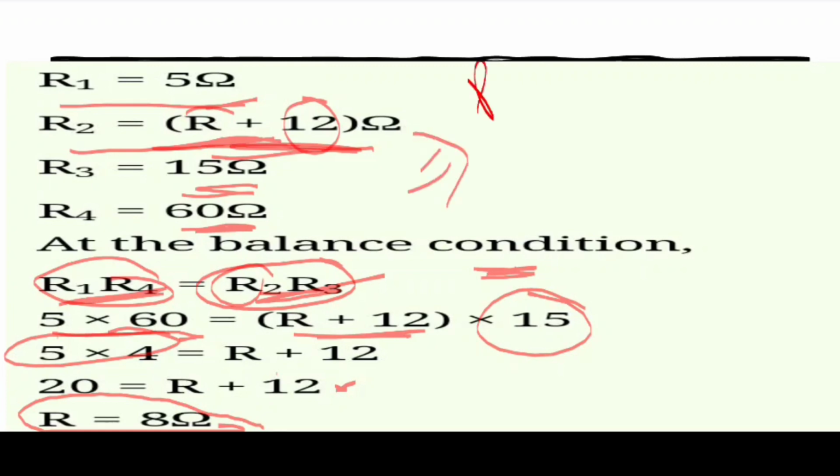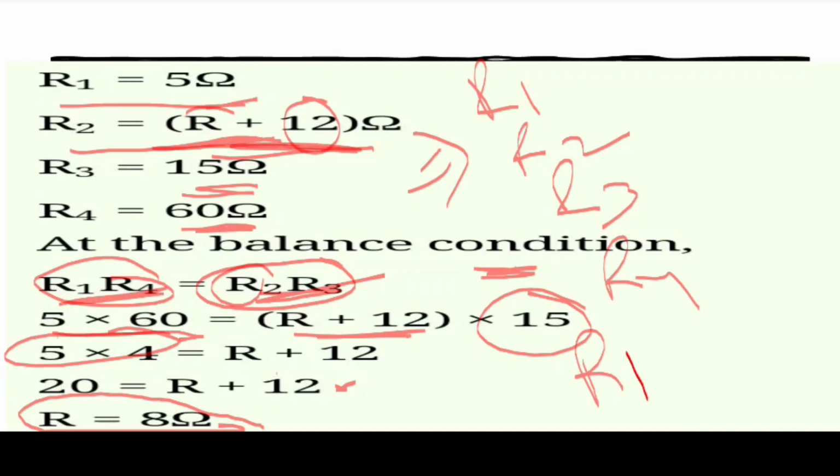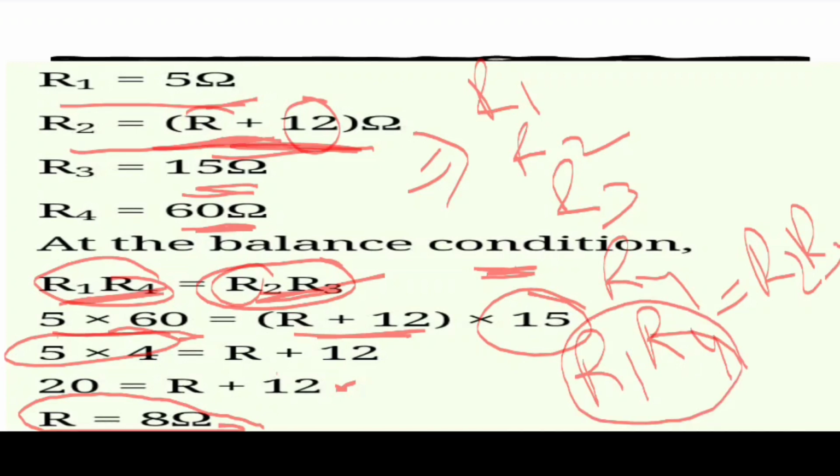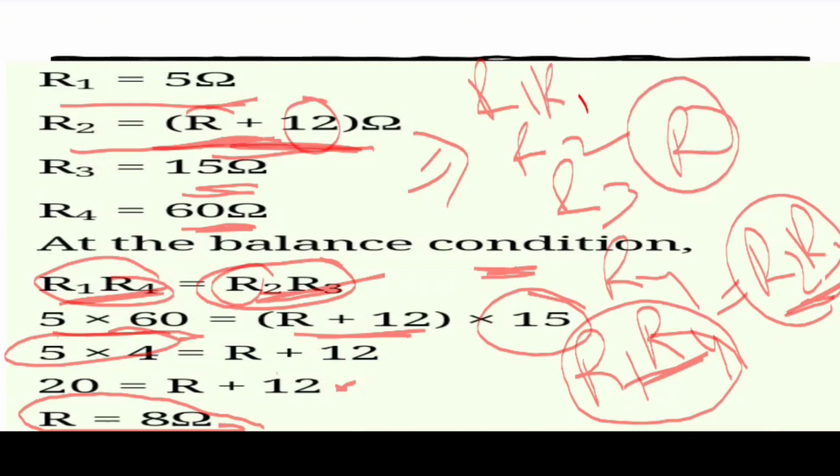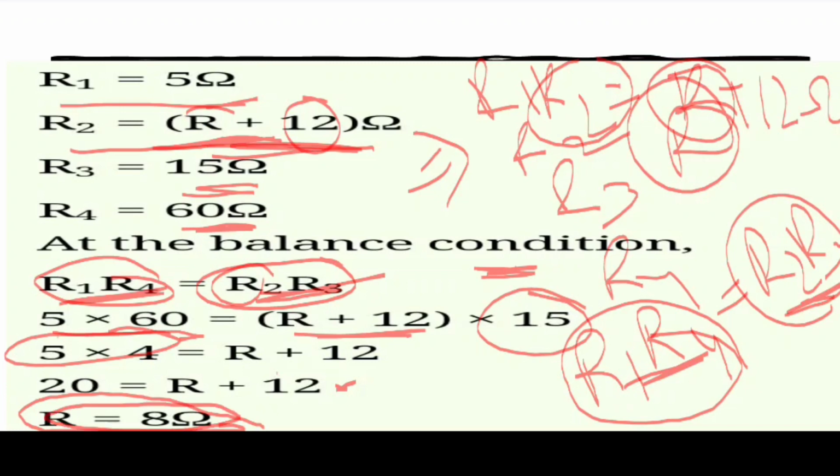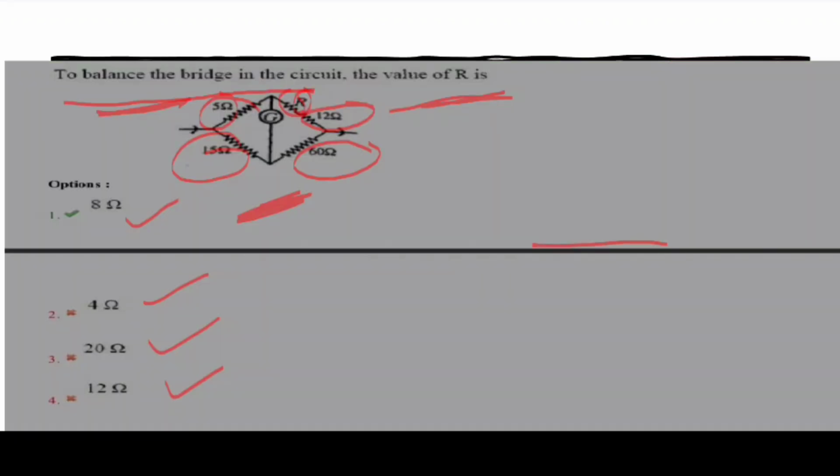By equating the product of R1 R4 with the product of R2 R3, we get the R value. Option A is correct, 8 ohms.